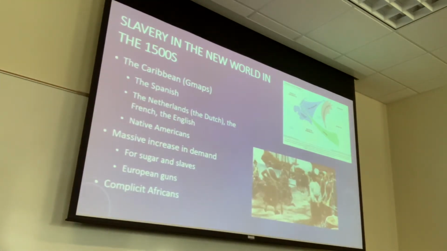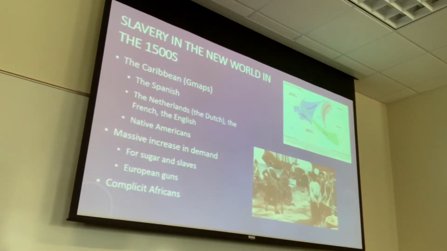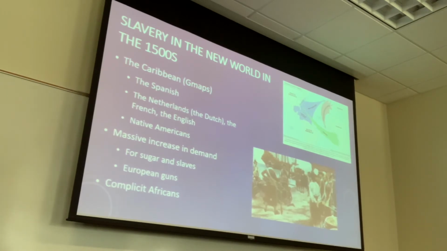The Native Americans that had lived on those islands, what were called the Taino peoples and the Caribs, from which we get the word Caribbean, by the end of the 1500s, they're all gone. They're all dead. Probably the majority of them died of diseases that Europeans brought into the New World that had never existed in the New World.